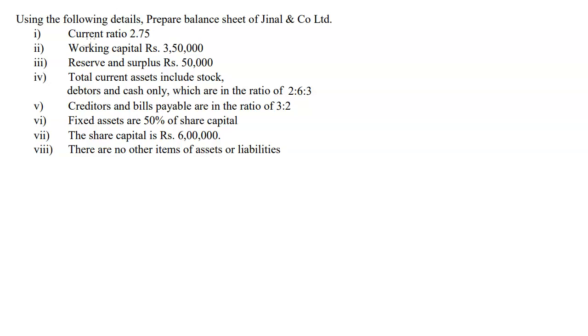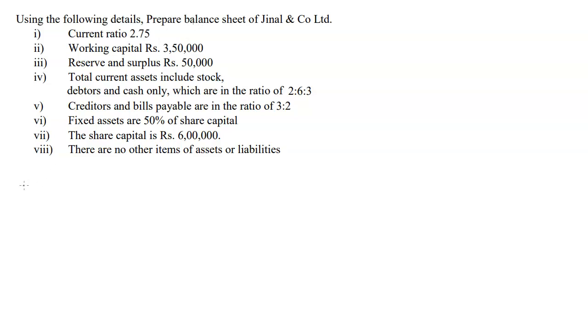Using the following details, prepare a balance sheet for Jinal Co Ltd. Current ratio is 2.75. Whether they say it is 2.75 is to 1, or even if it's 2.75, it really doesn't matter, it's one and the same.